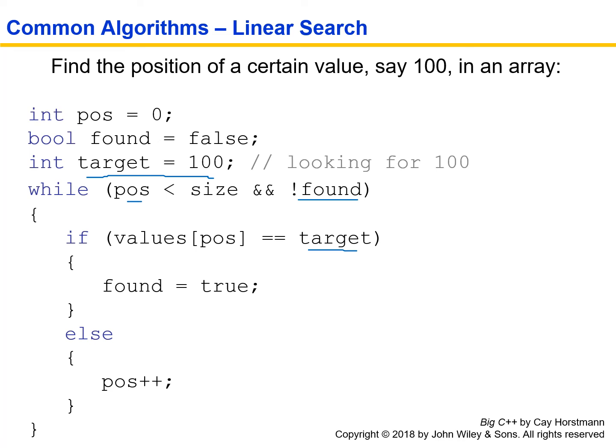We also exit the loop if position is ever not less than size, if we run out of room in the array. In that case, position would return the same as size, and we'd know that there is no such value in the array, so we'd know that we failed to find the value.